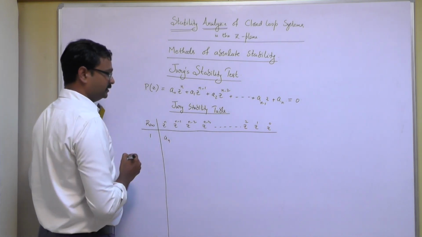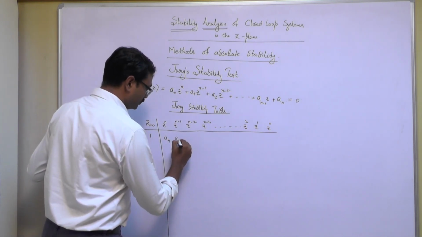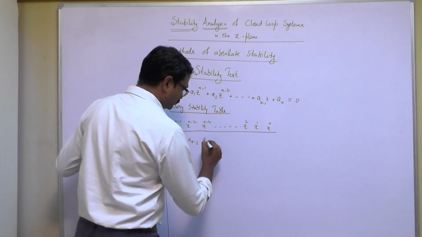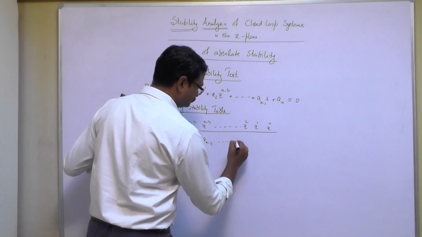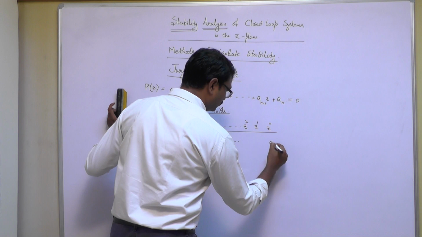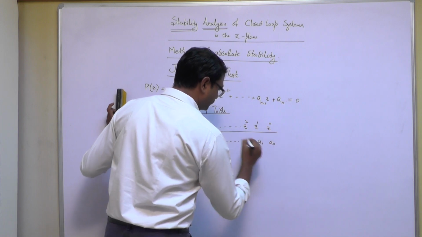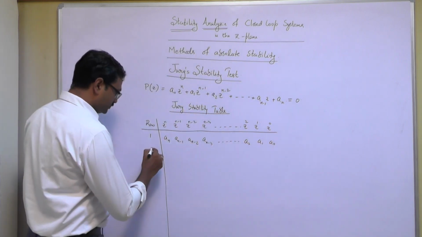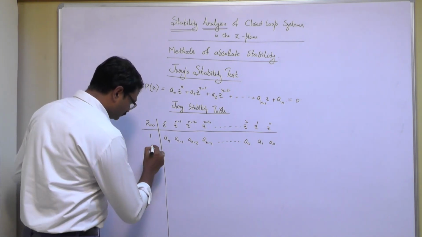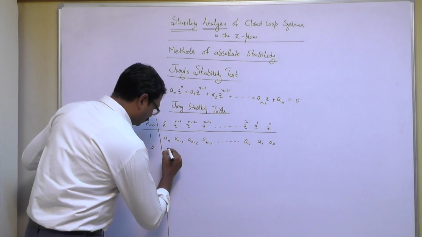So we will write it here as an, an minus 1, an minus 2, an minus 3, and a0, a1, a2, and the second row we will be having a0.